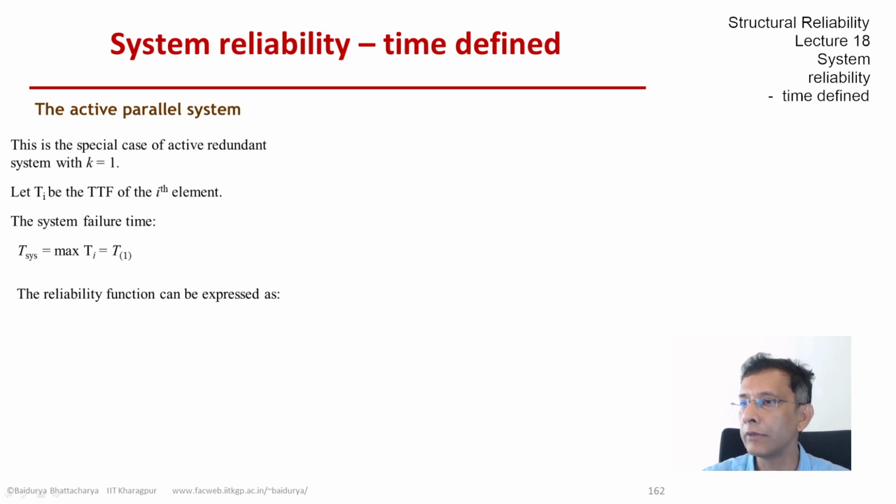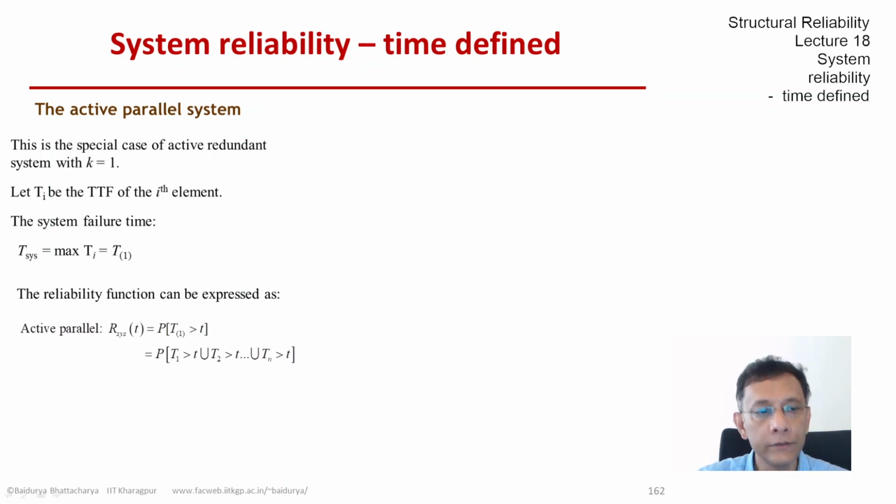So the reliability function of such a system would be the probability that max Ti, that T subscript parenthesis 1, is greater than t, and now we can write that in terms of the individual TTFs in two equivalent ways. One is that at least one of them has to be greater than t, because all we want is the maximum to exceed small t.